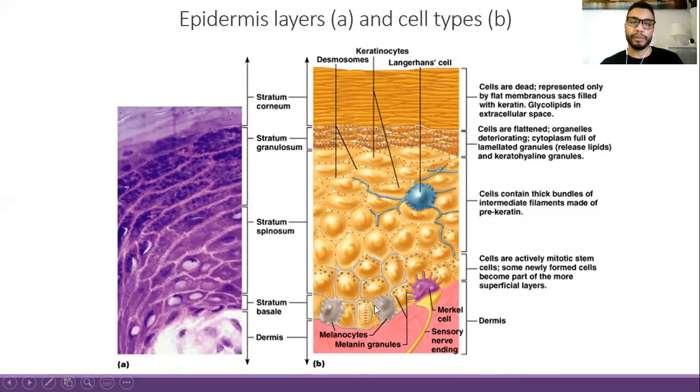The cells multiply and they go from deep to superficial. Here they are actively alive, and then as they go superficially, they start dying, so that in the most superficial layer, the stratum corneum, we only have dead cells, okay?